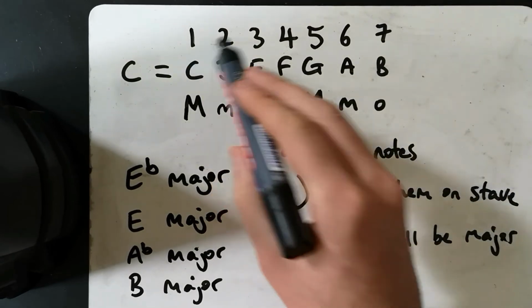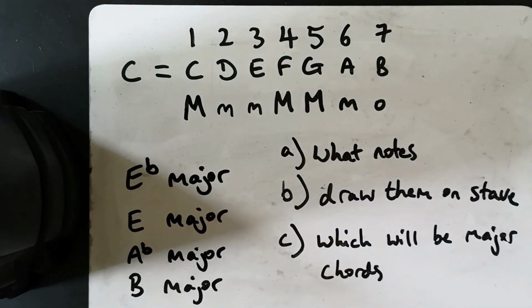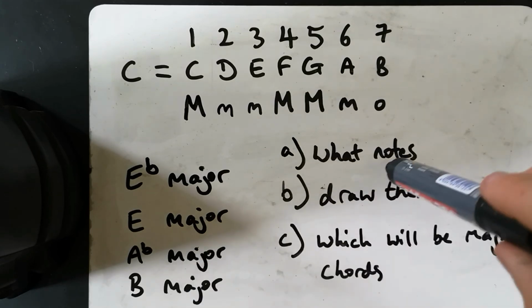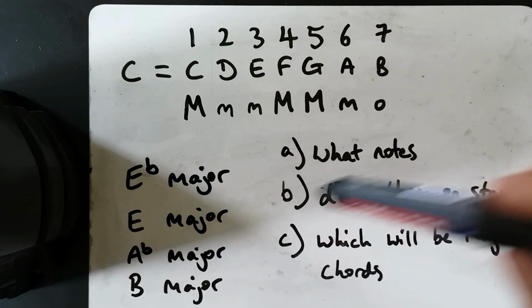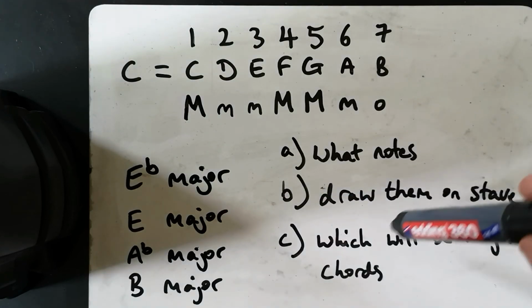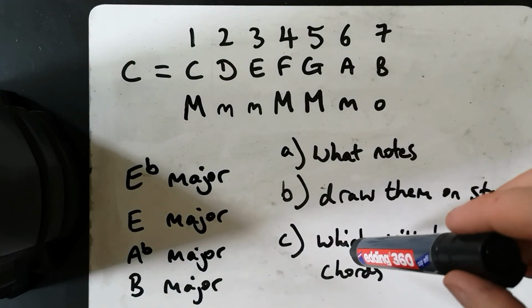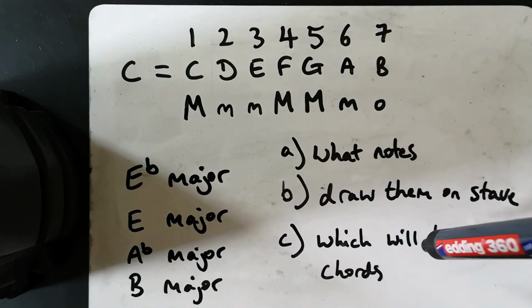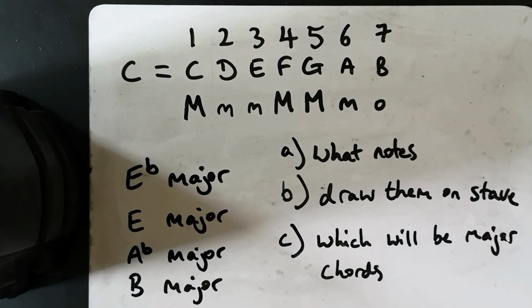Okay, so that'll be 1, 4, and 5. That's what we need to do for these 4 key signatures. So work out what notes make up these 4 key signatures, draw those notes on a stave, and then just identify which of those 7 different notes will be the ones which make up the major chords.